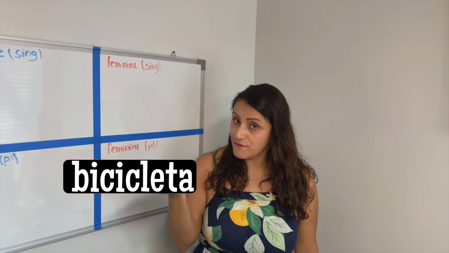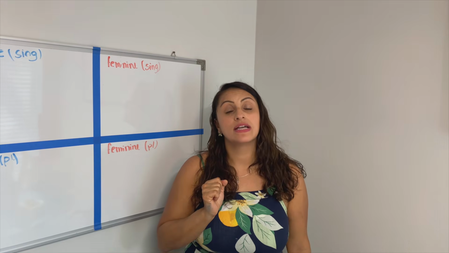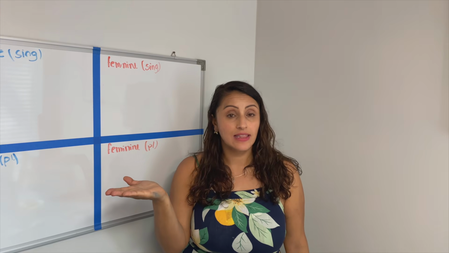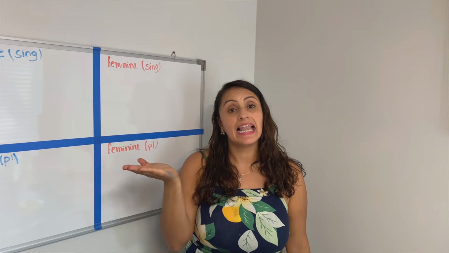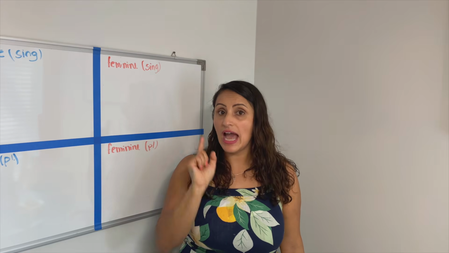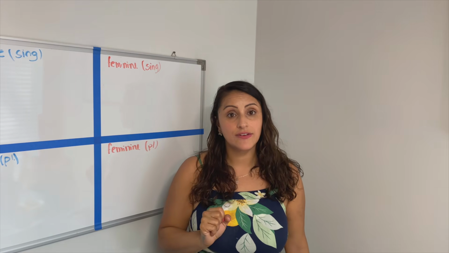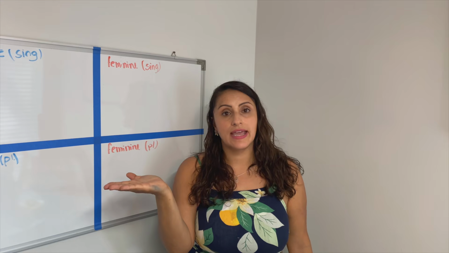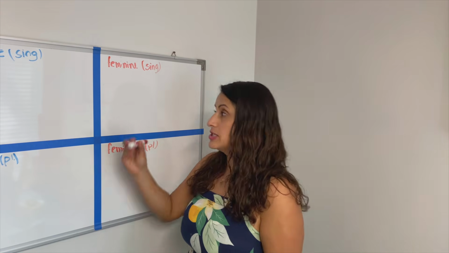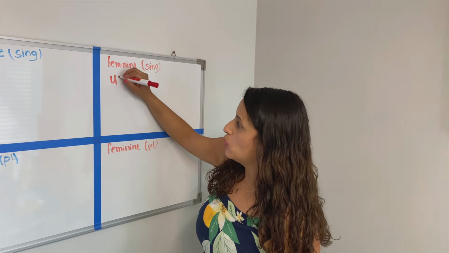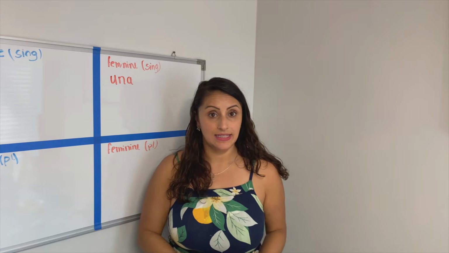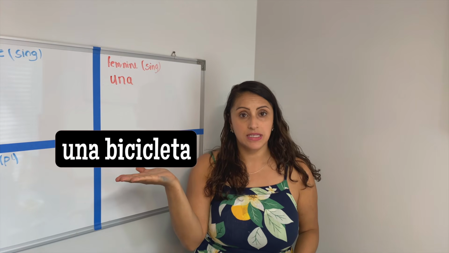So now let's talk about the noun bicicleta, which we covered just a few minutes ago. Bicicleta, it's a feminine noun and it's a bike. So if we want to say the bike, like we learned a few minutes ago, we would say la bicicleta. But now, since we're focusing on our indefinite articles, we want to say a bike. So we go with una bicicleta.